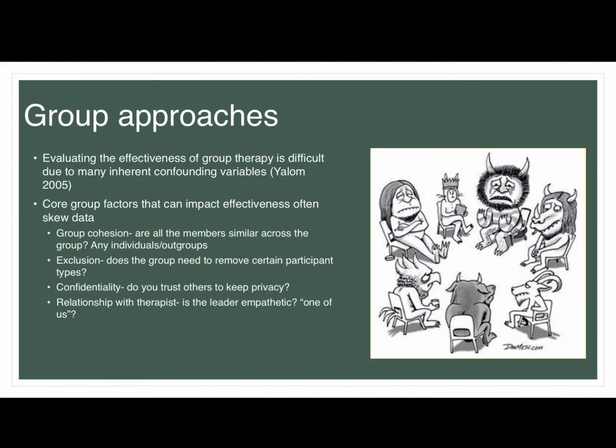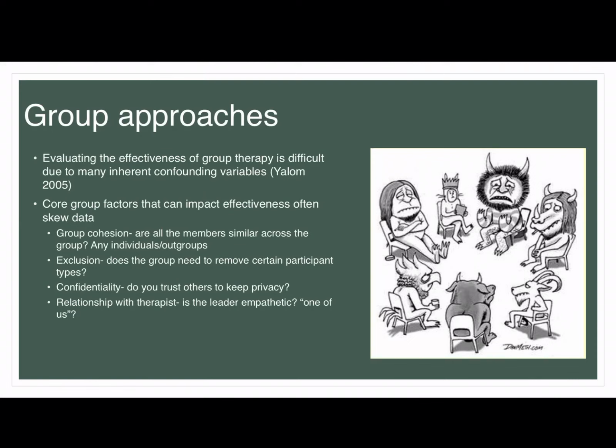And can you form a relationship with that therapist? Is it an empathetic relationship? Is the therapist one of us, or are they outside of us observing us? These different variables will impact how effective the therapy is.